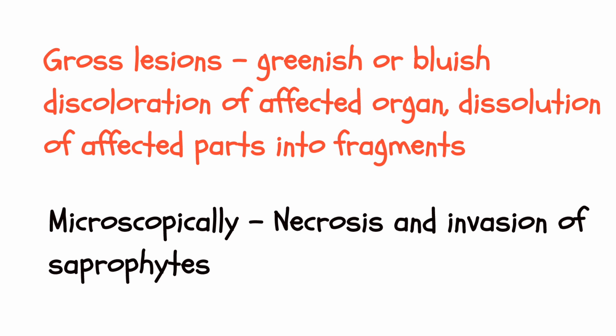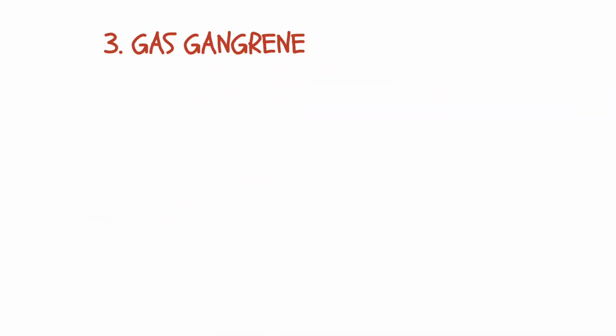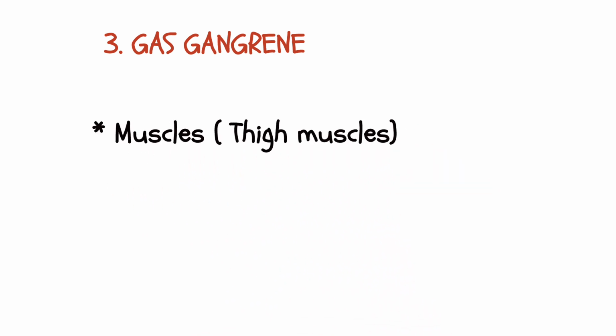The third type, we've talked about dry gangrene, moist. The next one we'll be talking about is the gas gangrene. It occurs mainly in muscles. Remember, dry gangrene occurs at the extremities. Moist occurs mainly in internal organs. Gas gangrene occurs mainly in muscles, particularly the thigh muscles of the hind legs.